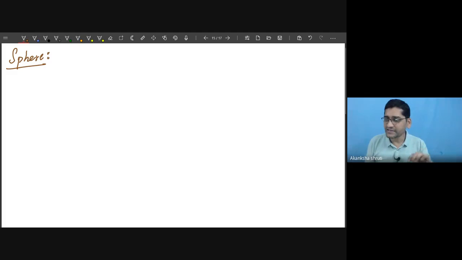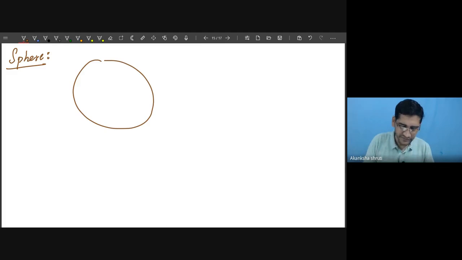This sphere is a spherical ball, like your football or any kind of ball. It is three-dimensional. The distance from the center is always constant.